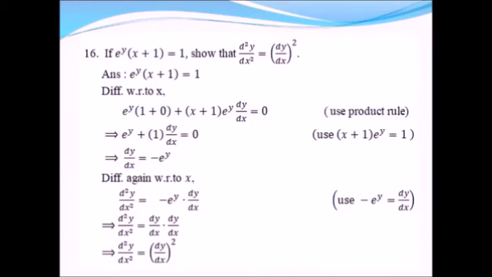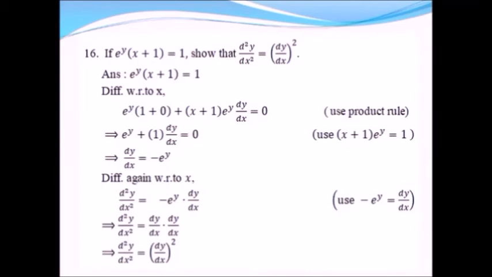First function as it is, that is e to the power y as it is. Differentiation of x plus 1 is 1 plus 0, plus second function, that is x plus 1, as it is. Differentiation of e to the power y is e to the power y into dy by dx, is equal to differentiation of 1. Differentiation of a constant is 0. Now you identify the term in the second term, that is x plus 1 e to the power y.